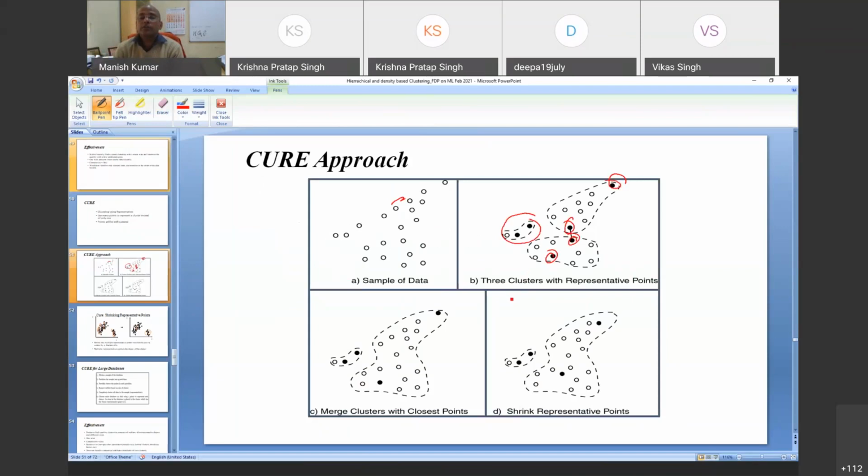So depending upon the marginal data distance, we merge the clusters.